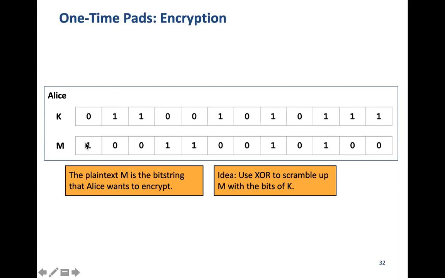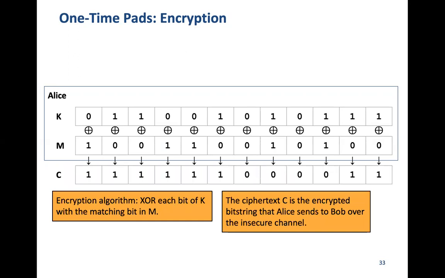Now, this message will of course be converted into zeros and ones, and this is the bit string corresponding to M: 10011100100. Okay, now we have to get the ciphertext from this. So we exclusive OR it.